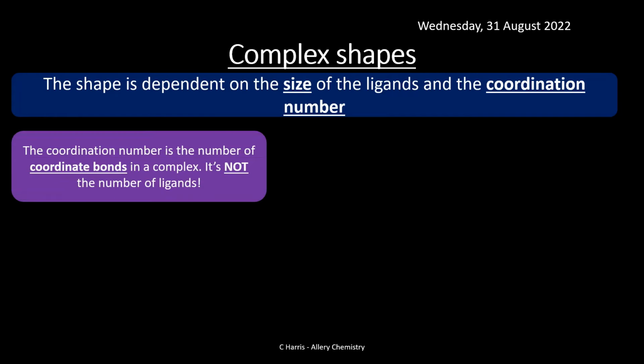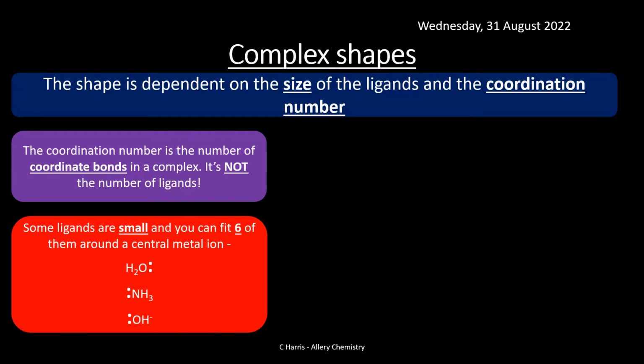The coordination number is the number of coordinate bonds. It's not the number of ligands. So for example, EDTA is 1 ligand, but it has 6 coordinate bonds in the middle. So the coordination number for that complex would be 6, but we've got 1 ligand. So remember, coordination number is the number of coordinate bonds.